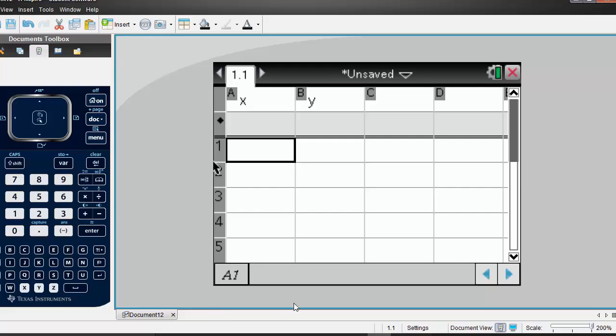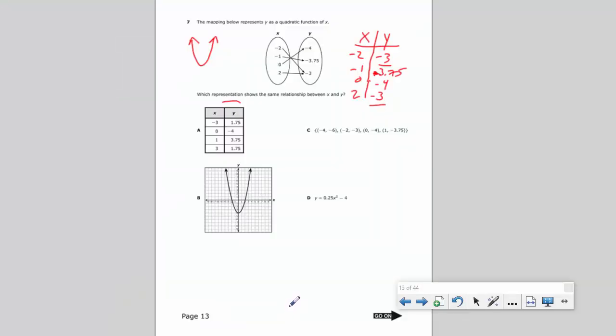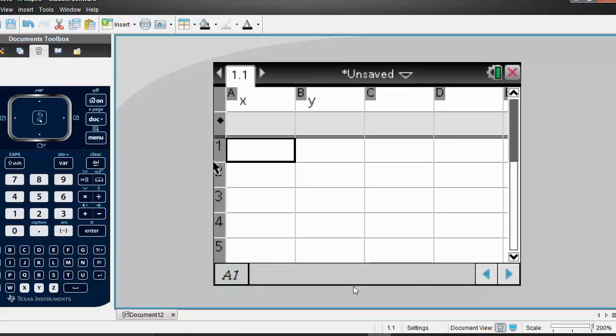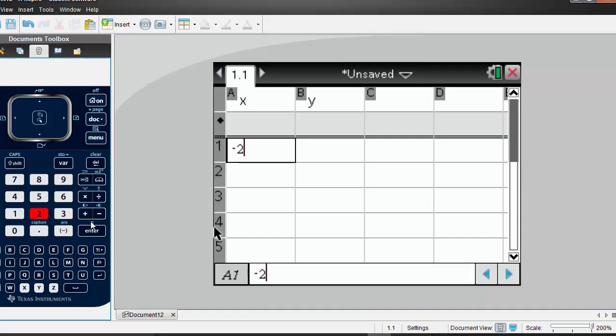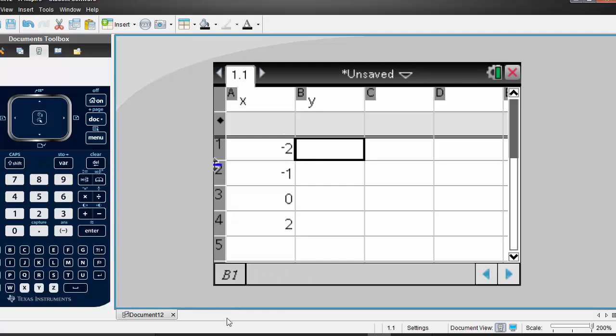Okay, let's take a look at this. -2, -1, 0, 2. Put all my x values down from the table. Now we can insert the y values.